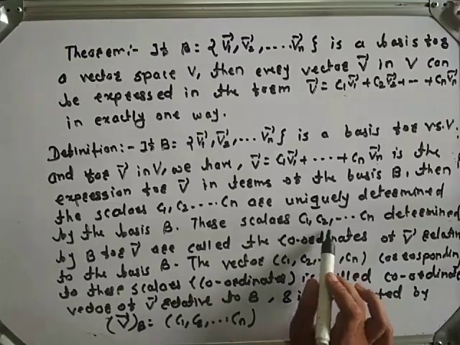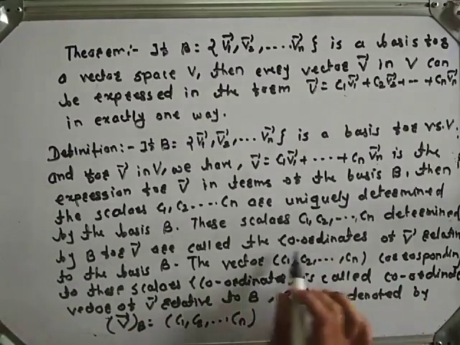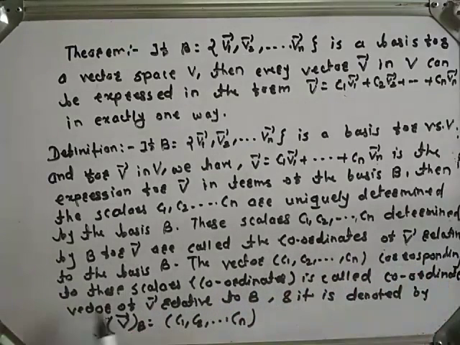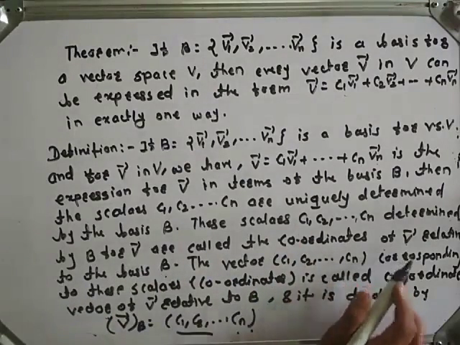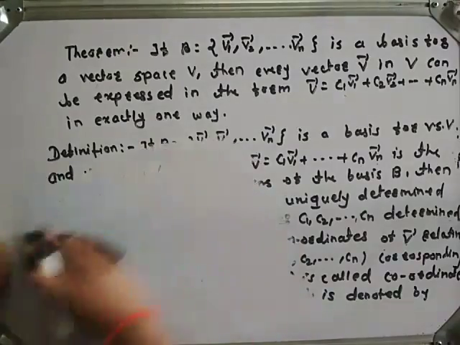These scalars C1, C2 and so on up to Cn determined by B for V bar are called the coordinates of V bar relative to the basis B. Students, note down one thing. The coordinate vectors depend not only on the basis B but also on the order in which the basis vectors are written. Okay. Let us see an example.